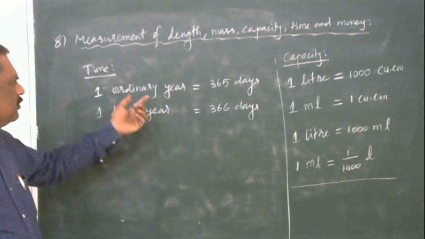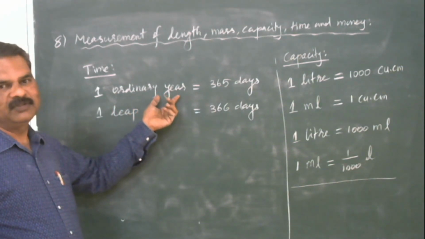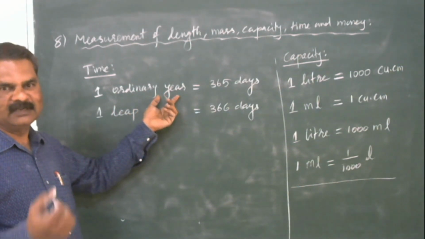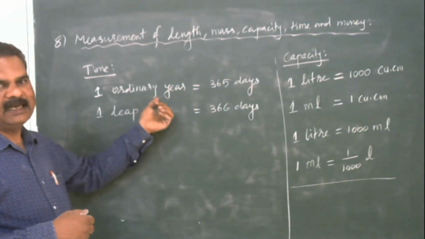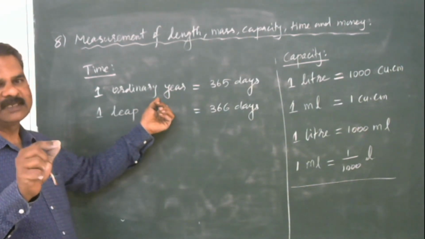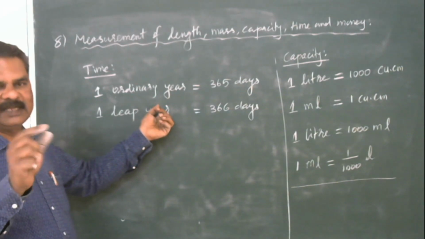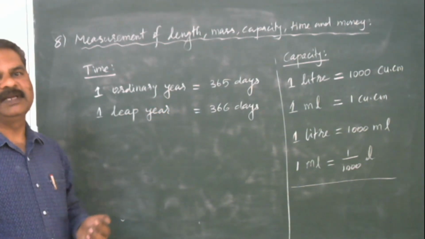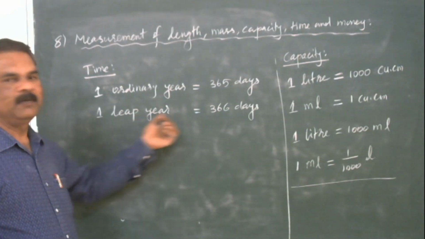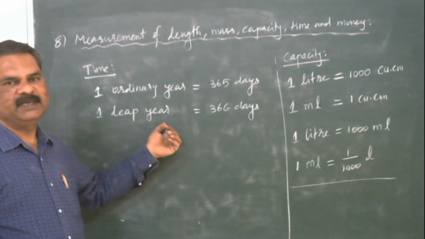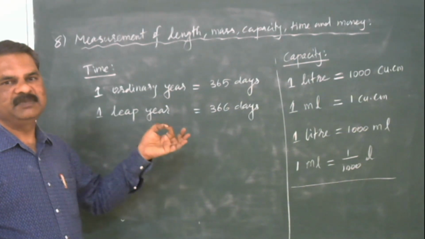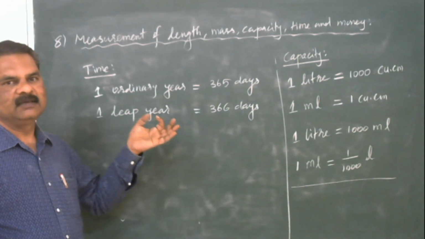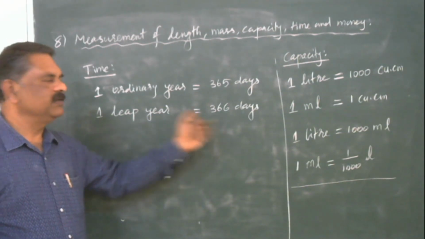So every 4 years, 1 day will be extra. So a leap year is exactly divisible by 4.